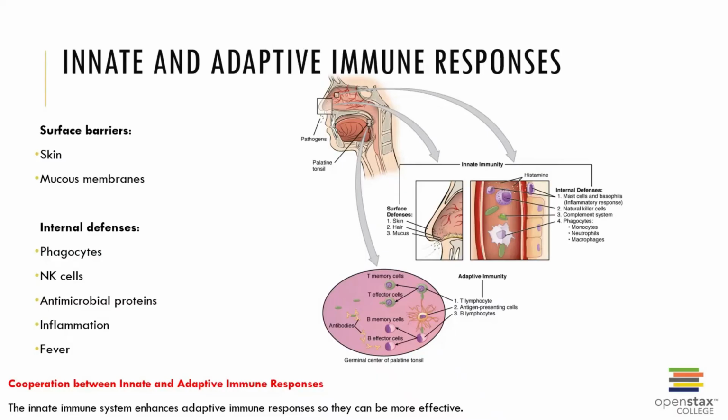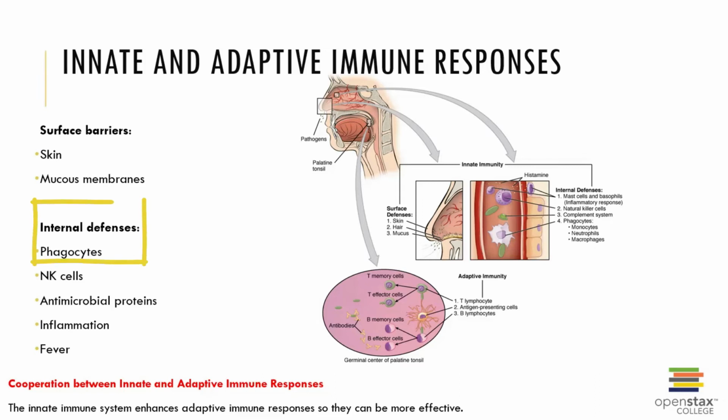And so we talked about the physical barriers there, but what about the defenses if something does enter into our bodies? So if any hazardous organism gains entry into the body, what starts to happen is the cells of our cellular defenses attack the infection at the site of its entry. So what cells exactly are we talking about? Well, similar to what we mentioned earlier, we have the phagocytic cells.